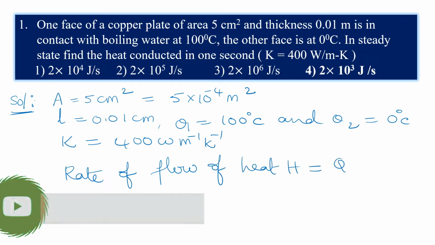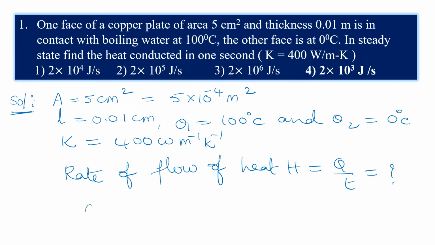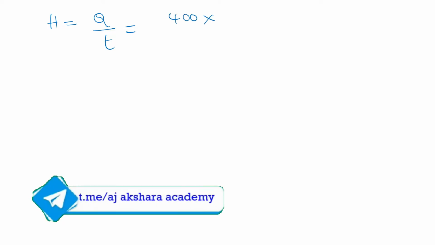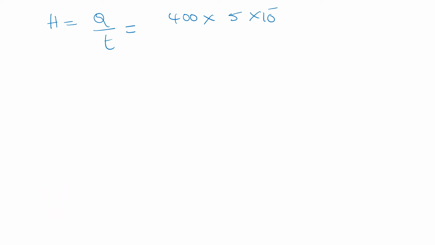H is equal to Q by T. Now Q is equal to K A (theta 1 minus theta 2) into T by L. So now H is equal to Q by T. Substituting values, K is 400 and the area is 5 centimeter square, converting into meter square, 5 into 10 to the power of minus 4, times (theta 1 minus theta 2), 100 minus 0, divided by L. L is given as 0.01.